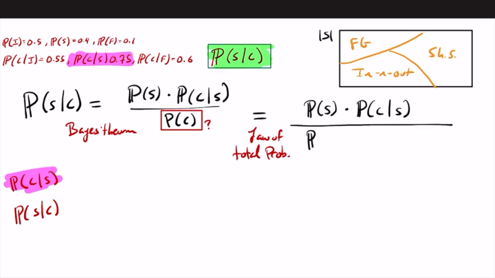So this is the probability of a correct guess and an In-N-Out burger plus the probability of a correct guess and a Shake Shack burger plus the probability of a correct guess and a Five Guys burger.